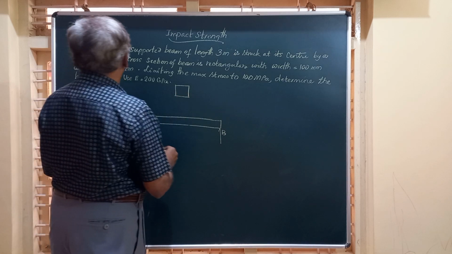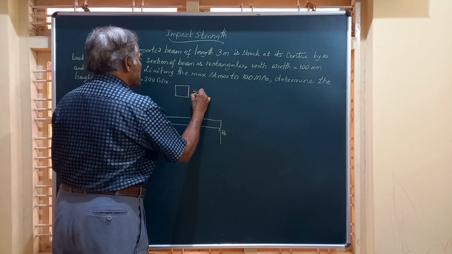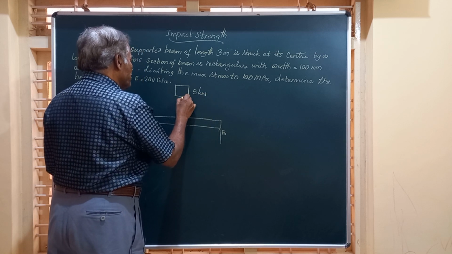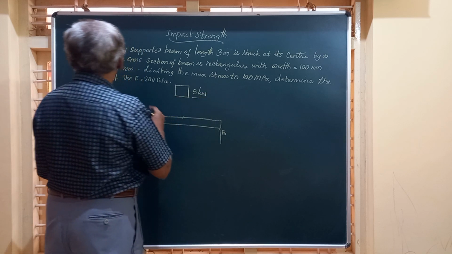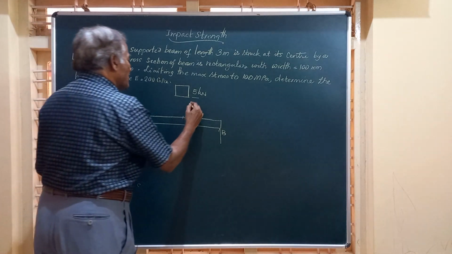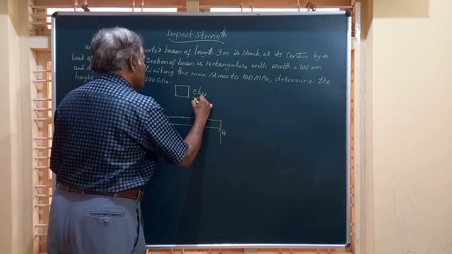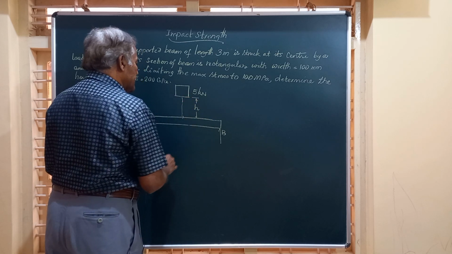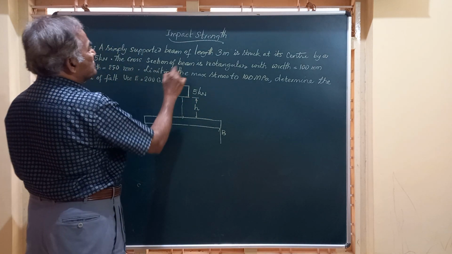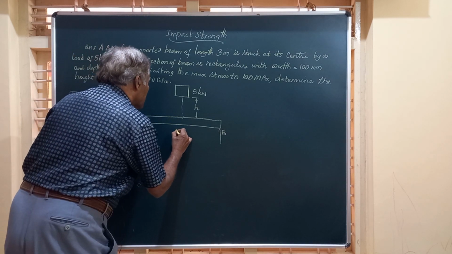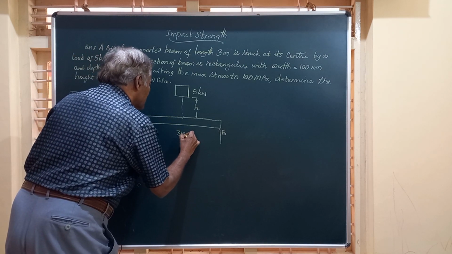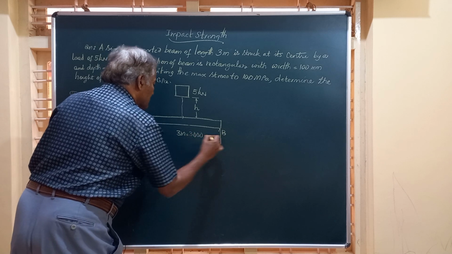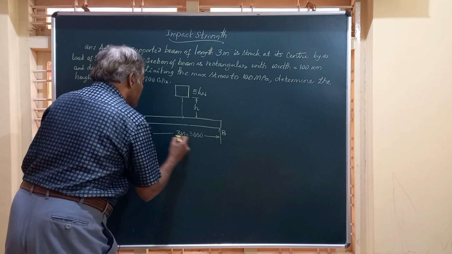This is the load, and this load is 5 kilonewton, and it is impacting at the center of the beam, and the height is to be found out. What is the height of fall given the maximum stress in the member? It is striking exactly in the center, and the length of the beam is 3 meter, that is 3000 mm.